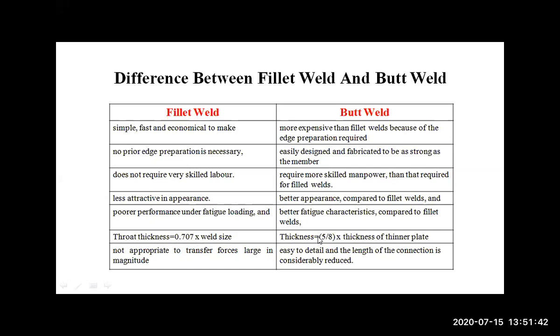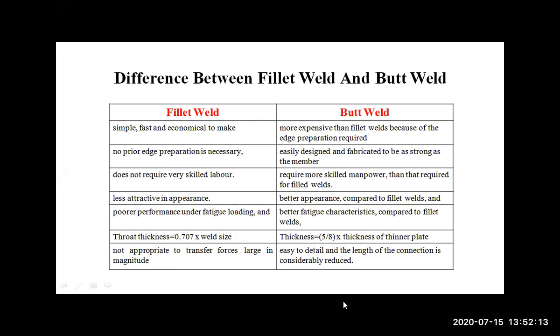In butt weld, the throat thickness is calculated differently. We will see what throat thickness is in the next 2 slides. So here 0.707 into size of weld is the throat thickness in the fillet weld, and in butt weld the throat thickness is 5/8 into thickness of thinner plate. It means we are connecting 2 plates.